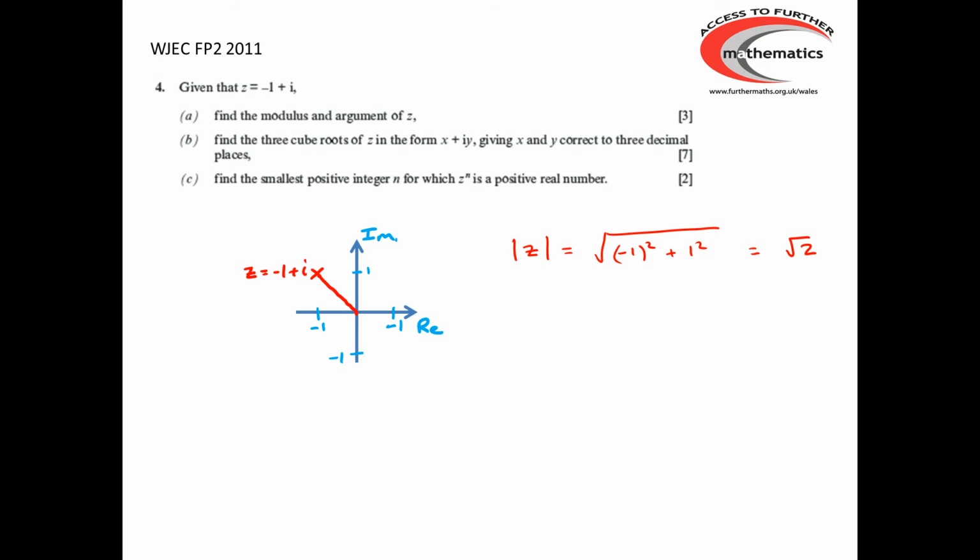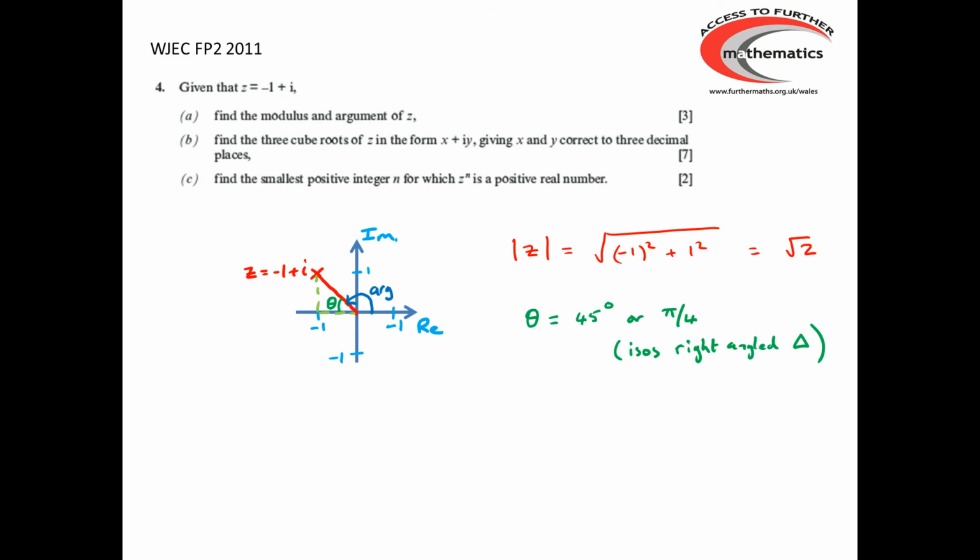The argument of z is easily found if we first of all think about that angle theta, and the little triangle that we've drawn there is an isosceles triangle with sides 1 and 1, but it's also a right angle triangle, so theta must be 45 degrees or pi by 4.